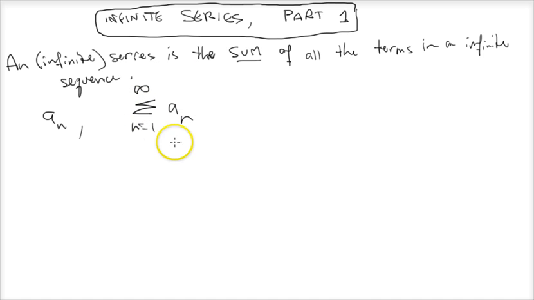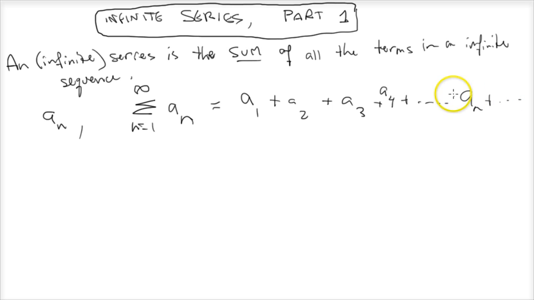This is an infinite series, where we add all of the terms in a of n, and we can write that out as a sub 1 plus a sub 2, the second term, plus the third term, plus the fourth term, plus, and then all the way out to the nth term, and then add some more. And so that is basically what an infinite series is.